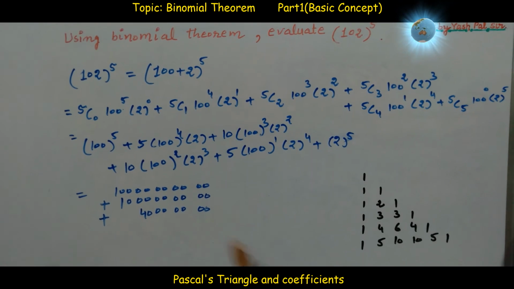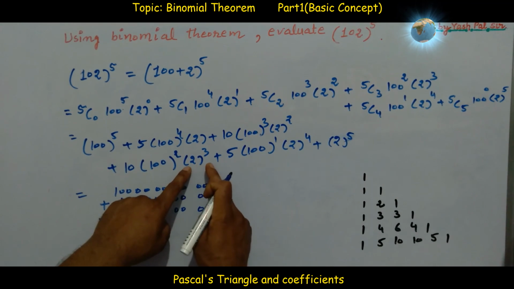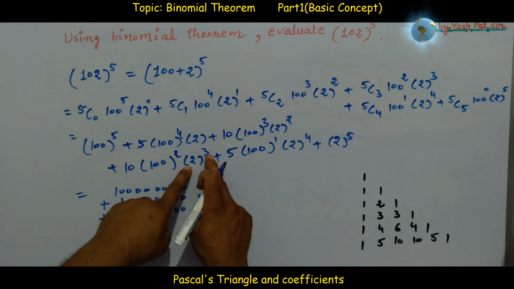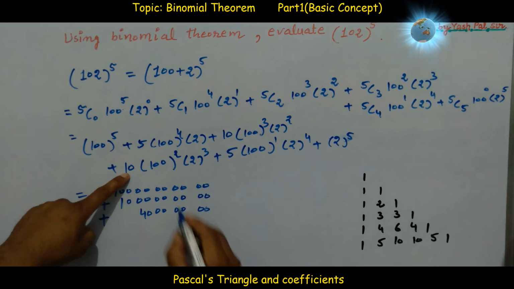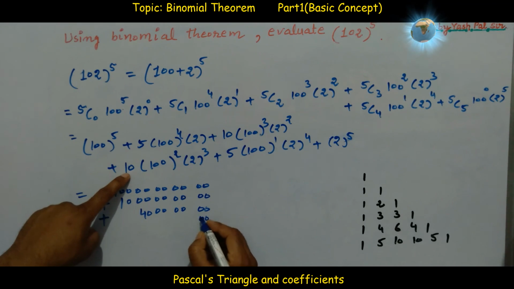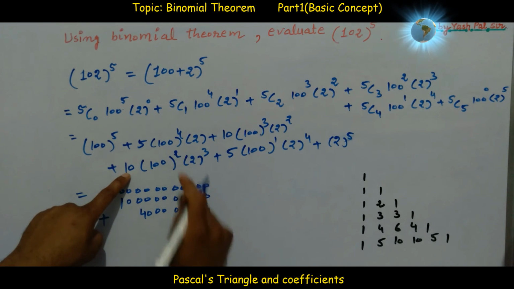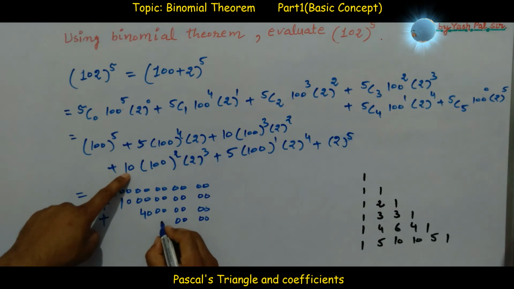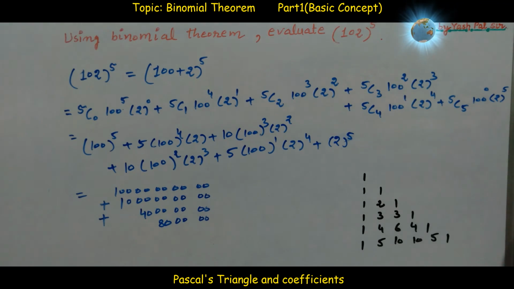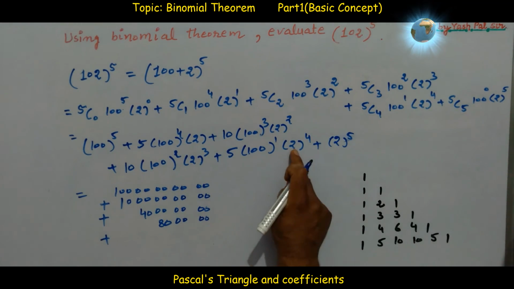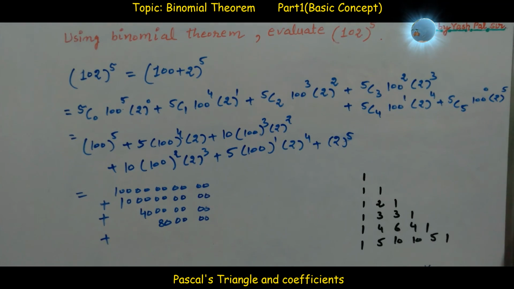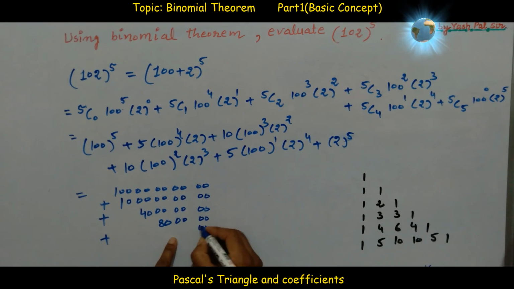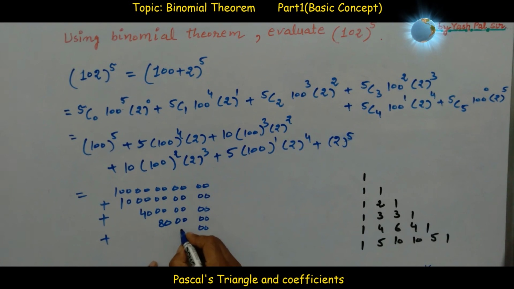Next term, 2 into 2 is 4, 4 into 2 is 8, 8 into 10 is 80, here 100 squared, so 80 followed by 4 zeros. Next, 2 into 2 is 4, 4 into 4 is 16, 16 into 5 is again 80, so 80 followed by 2 zeros.